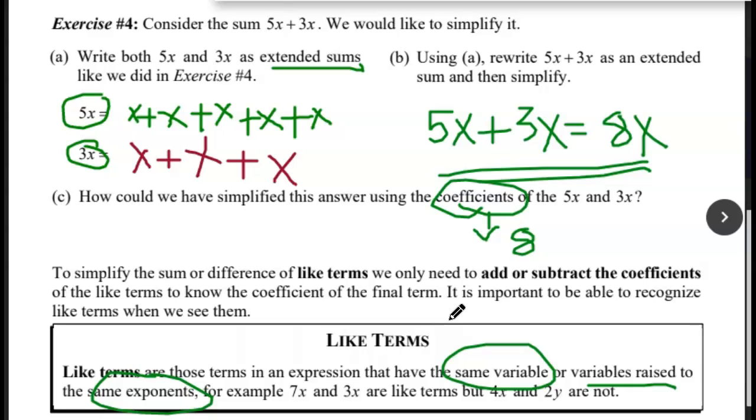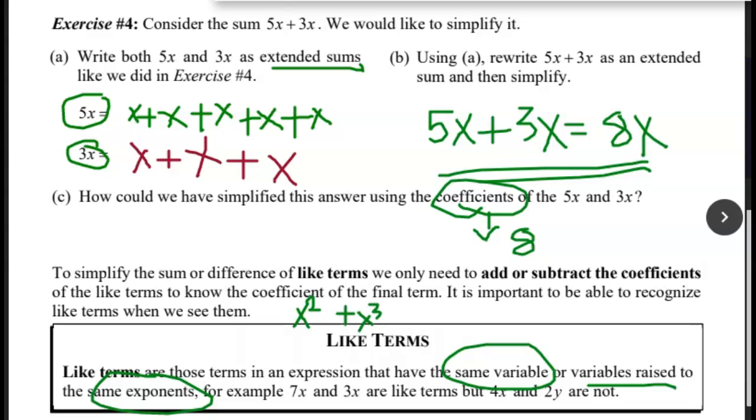If it is power of 2 and power of 3, they are not the same term, even though they are x. For example, x squared plus x cubed is not the same term. So you cannot add them together. All right, so the condition is it must have the same variable and the same exponent. Question for that one? Are we clear on how we identify the same terms?